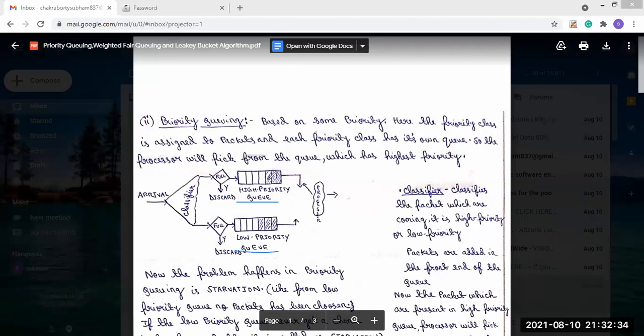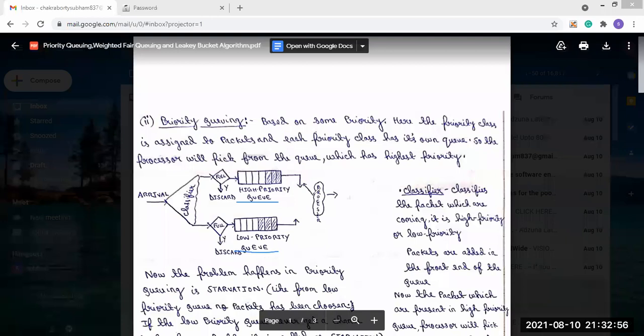If the packets in the low priority queue never get a chance to be processed, then we call it starvation.